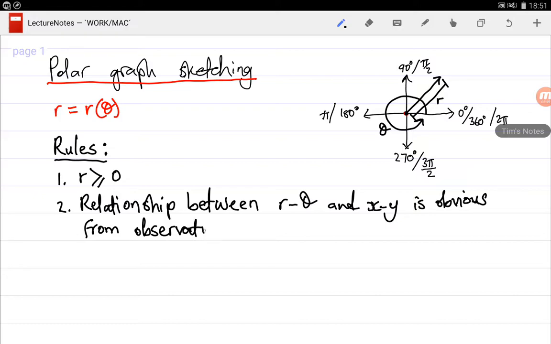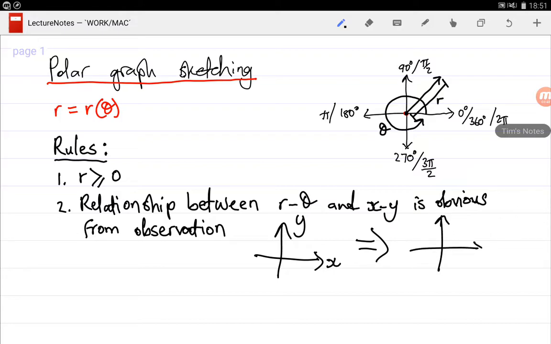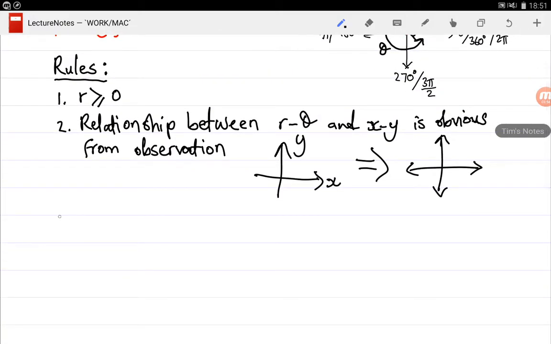This means that we can look at the xy plane, and then we can draw from there our r theta plane, which is our polar plane. And this is going to play another important role when we start sketching. I hope that will be obvious.